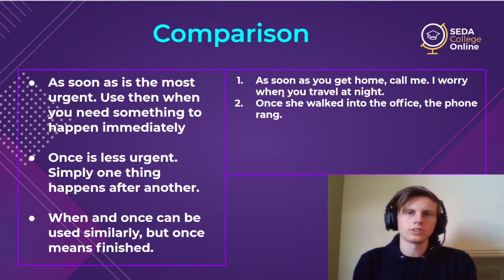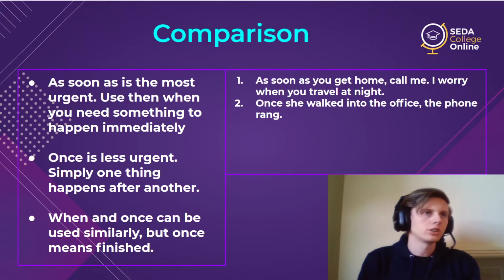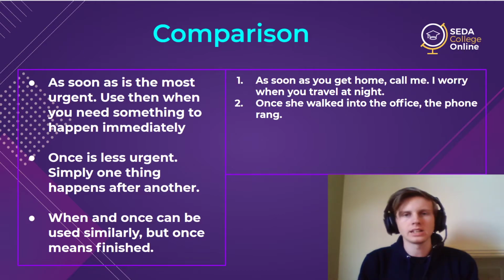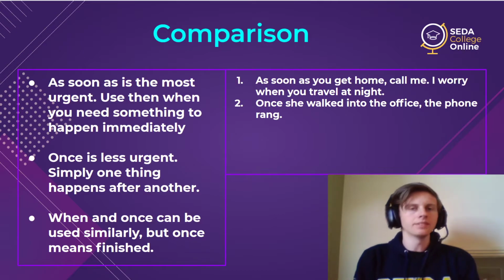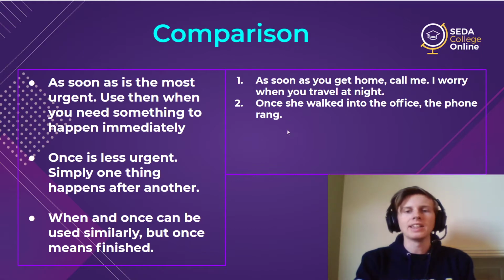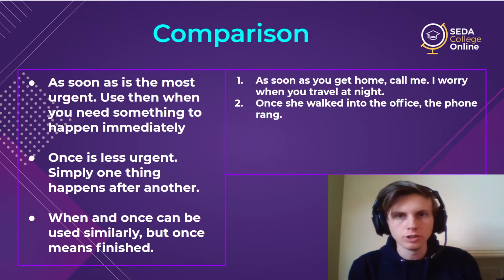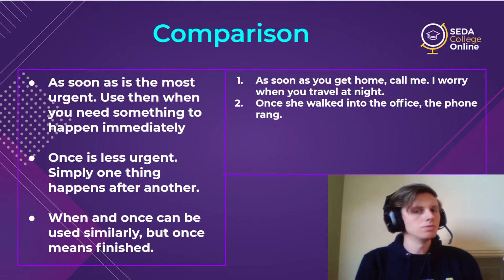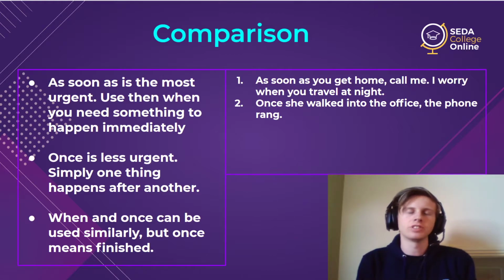And then it's just less urgent. Maybe get home, take your shoes off, put your bag down, make a cup of tea, then call me. That's fine. And then I can say, as soon as she walked into the office, the phone rang. And then this one means the moment you open the door, ring, ring, the phone is happening. So it's just that difference in time and urgency.